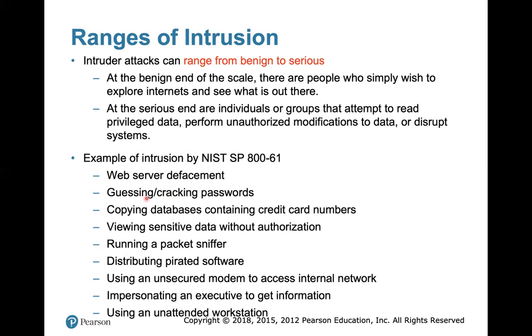Server defacement, guessing or cracking passwords, which is of course understandable, copying databases containing credit card numbers, viewing sensitive data without authorization, running a packet sniffer in order to listen to packets being transferred between a server and the rest of the internet, or a client and the rest of the internet, using an unsecured modem to access an internal network, and stuff like this. These are all considered intrusions being done on a computer system or an organization.